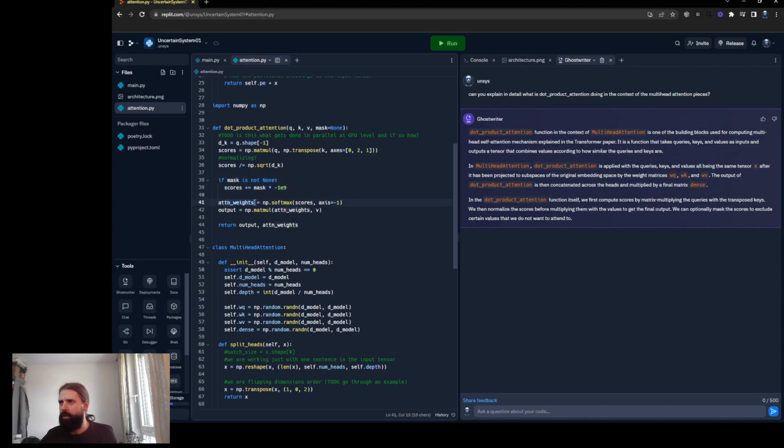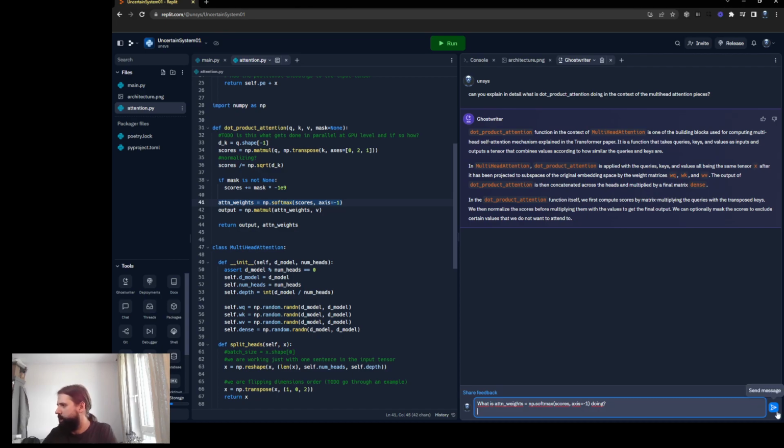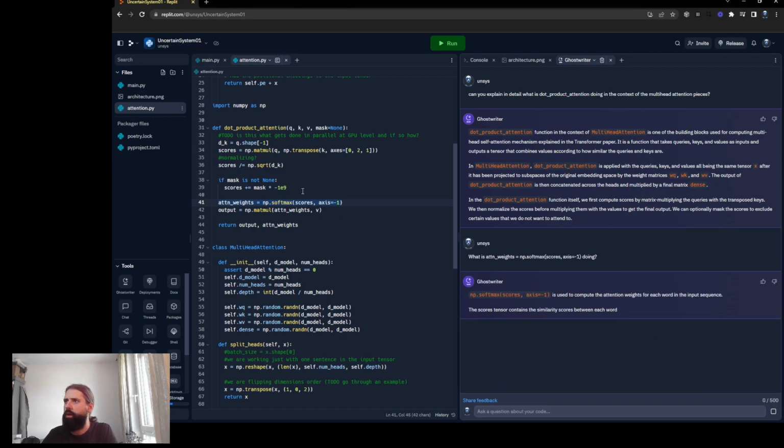The attention weights, NP softmax scores. Why softmax? Because it looks like some kind of activation function, right?